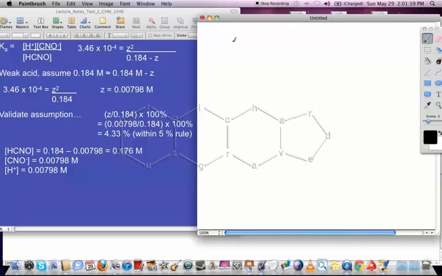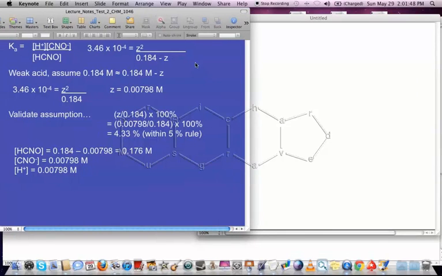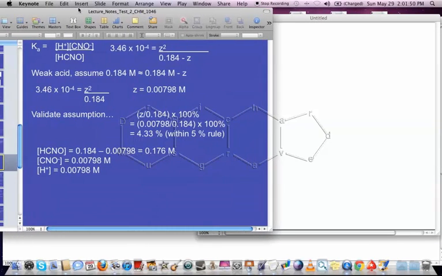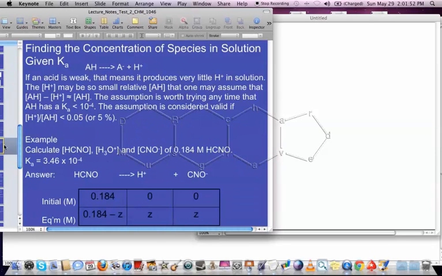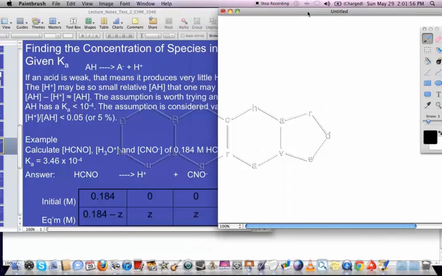Alright, to complete the problem, we can go back to our initial table, which is this one up here. I'll go ahead and rewrite that so you can actually see it all.